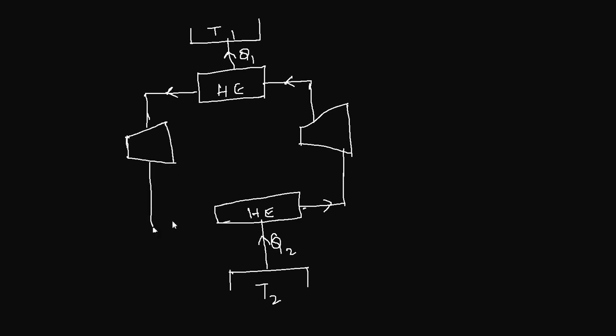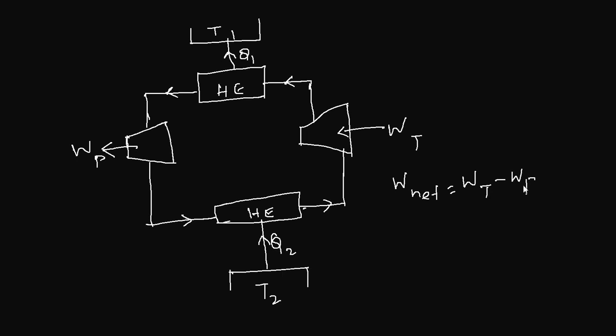Here you complete the cycle. You take work, turbine work here, and you reject the pump work here. The flow is reversed, and so are the heat transfer and work transfer. Here again the net work will be WT minus WP.